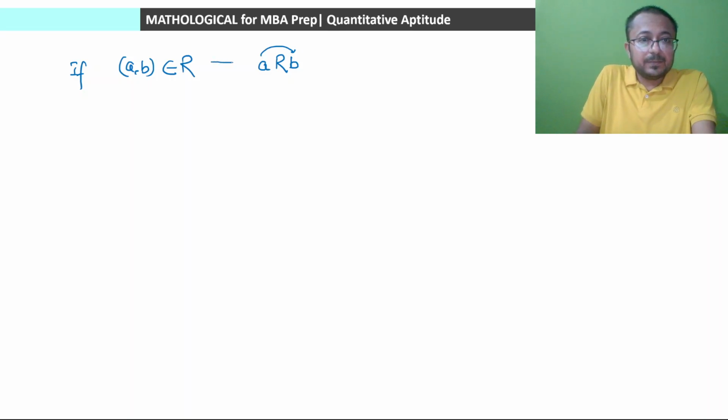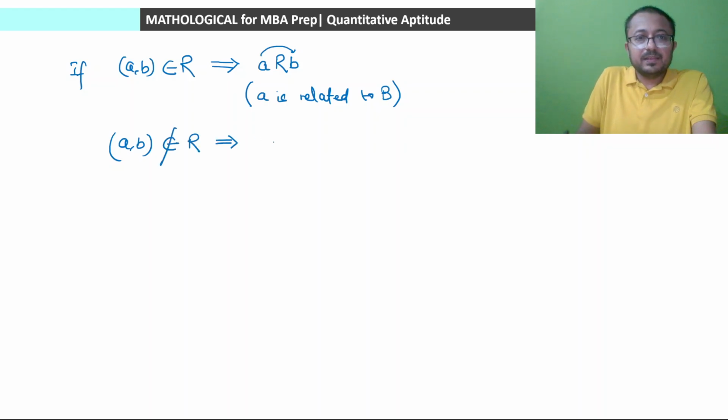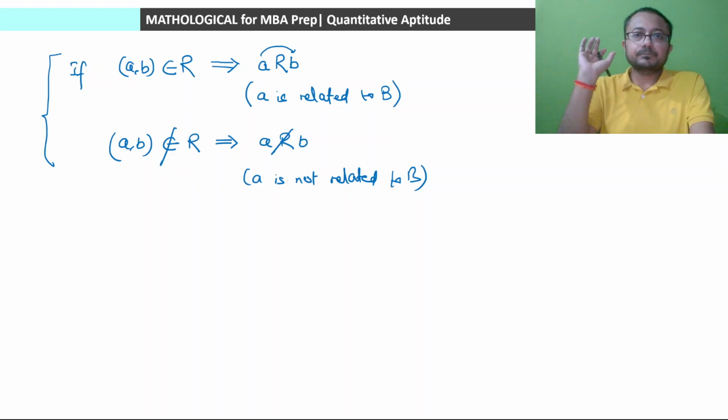So A R B, or the same thing can be written as A is related to B. By the same fashion, if we are saying that A comma B is not an element of R, then this implies that A is not related to B. Similarly, this is written in English as A is not related to B. Very obvious. Okay. Clear है?